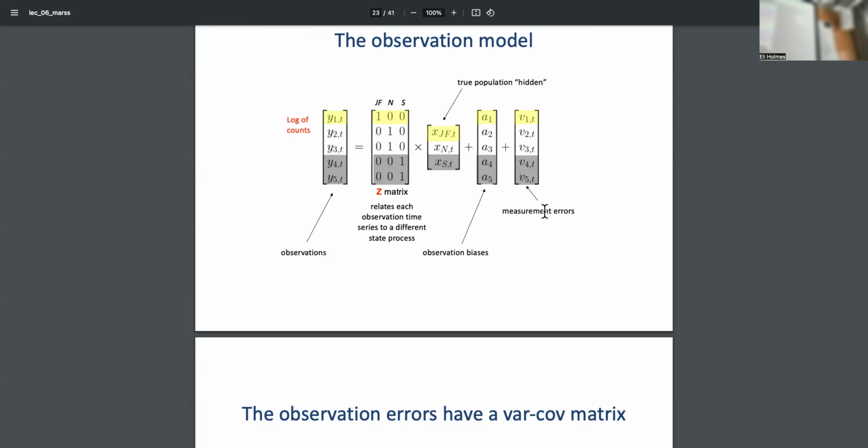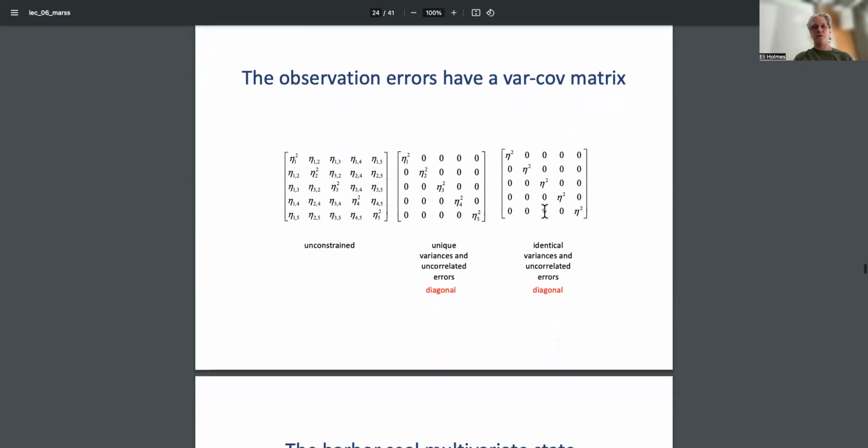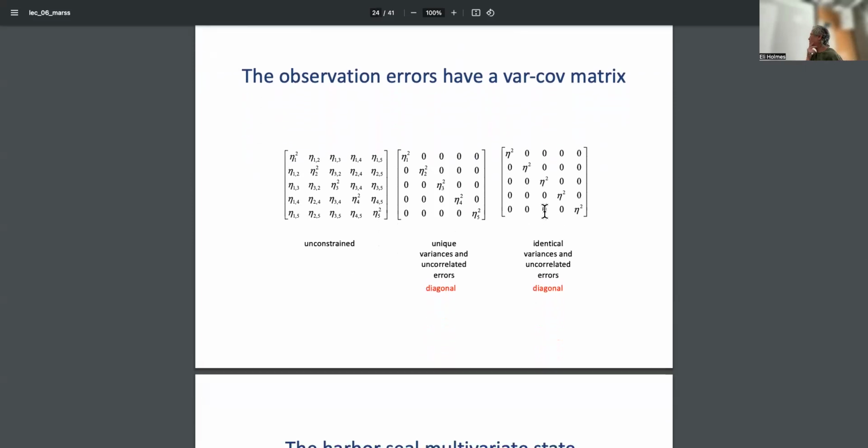Okay, so we have that, and now we're going to have these observation biases, and these measurement errors. Like with the process, we also have this observation variance covariance matrix, and we need to make some assumptions about this. We can't have this. Certainly hope that the observation errors don't look like that.